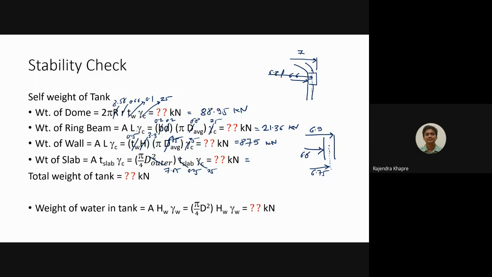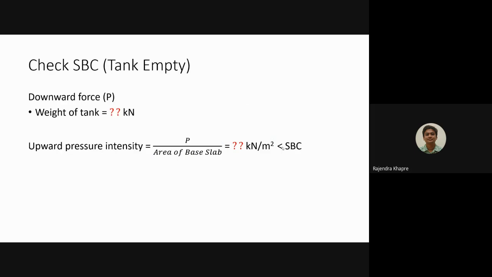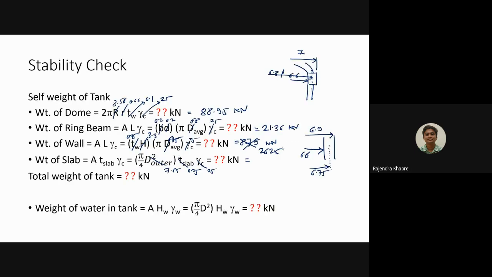This is actually, ये लिखते समय गड़बड़ आई. This is 15 only. So this is, how much is that? Sorry, 262.5. ठीक है, ठीक है.